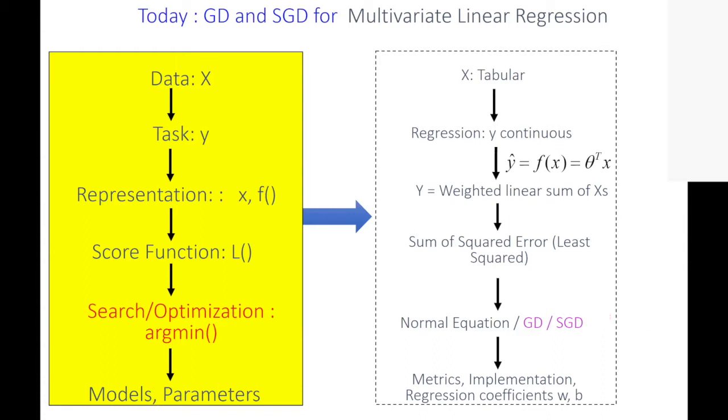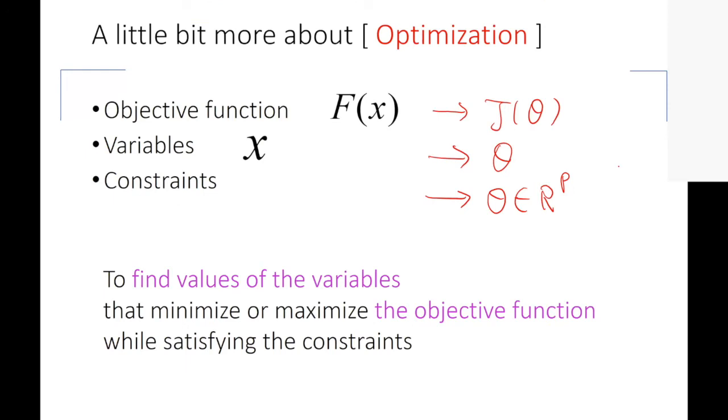Okay, so before I step into gradient descent, I want to lay out a more general concept called optimization. What do I even mean by optimization? We can use this general definition to guide us later. Optimization has an objective function, which we can denote as f(x). We can also denote it as J(theta).